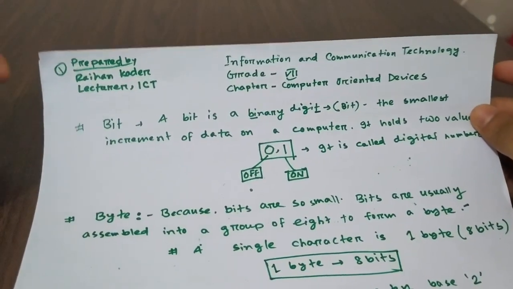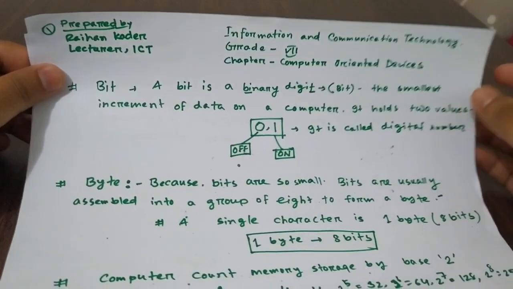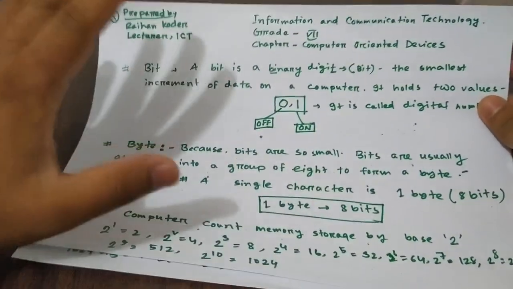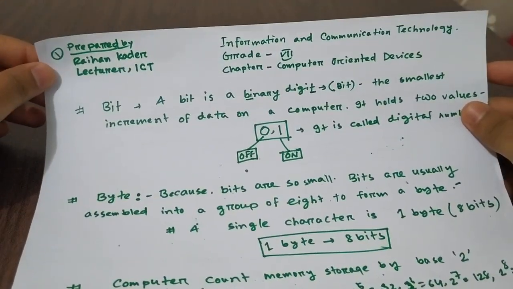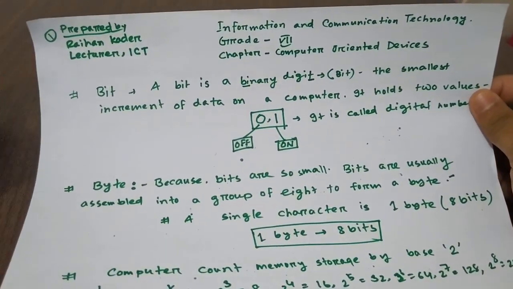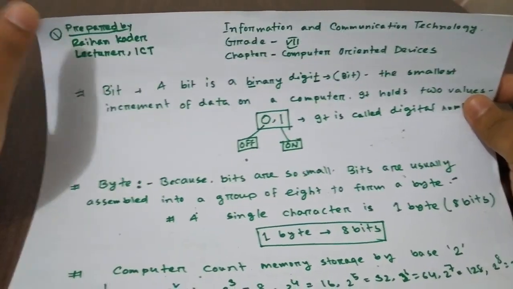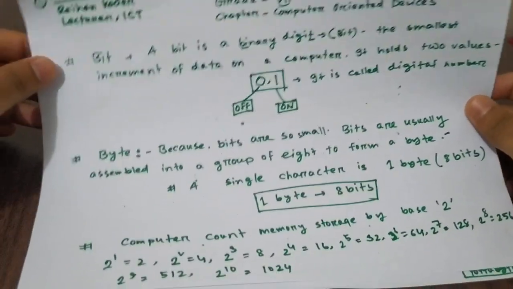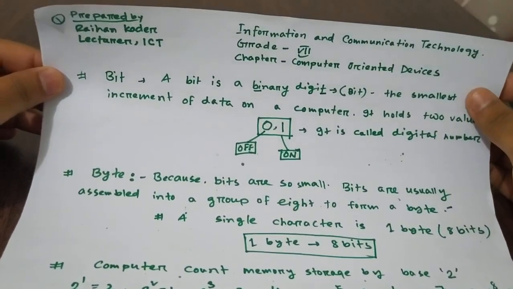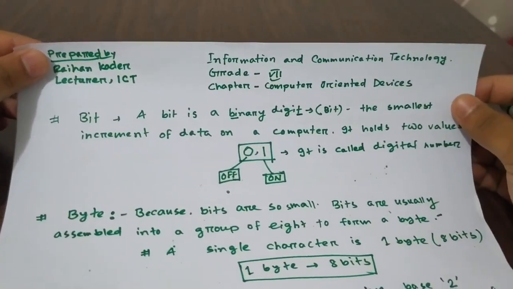Today I'm going to discuss some important things for you, because these are lessons and topics that will be very fruitful for you after finishing class 7, class 8, and hopefully till class 12.